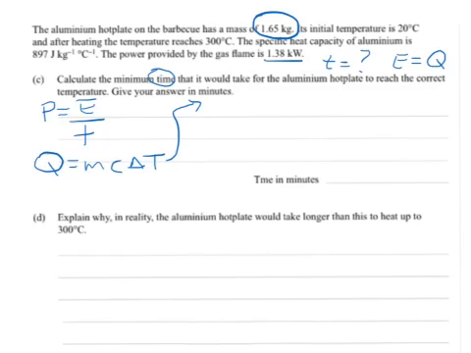We've got the specific heat capacity, 897 joules per kilogram per degree Celsius, and the change in temperature is 20 degrees to 300 degrees, which will give us 280 degree Celsius change.